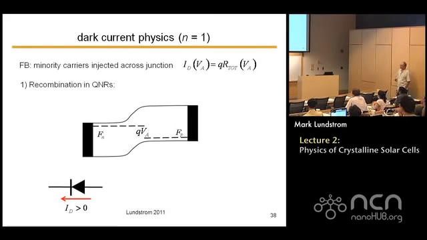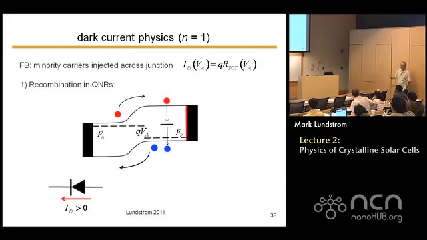So we call them quasi-neutral regions. So when I inject an electron over the barrier into the quasi-neutral region and it recombines, it can recombine at the back contact. That's also within the quasi-neutral region. And the same thing, I can inject holes into the quasi-neutral n-type region, and it can recombine in the n-type region or at the n-type contact.